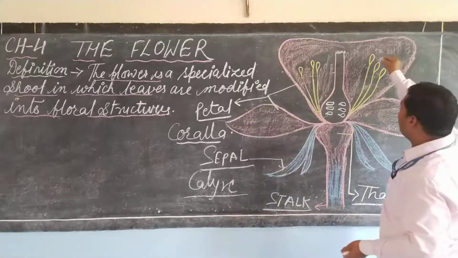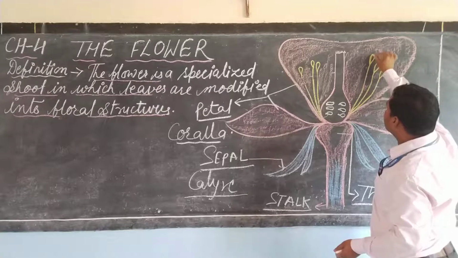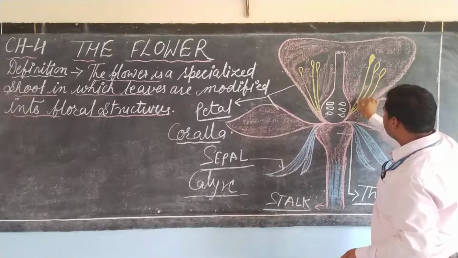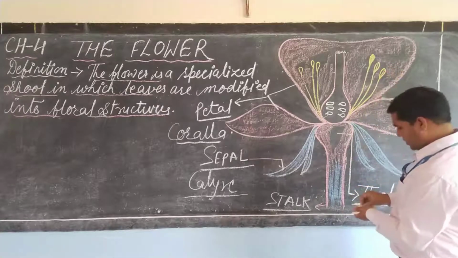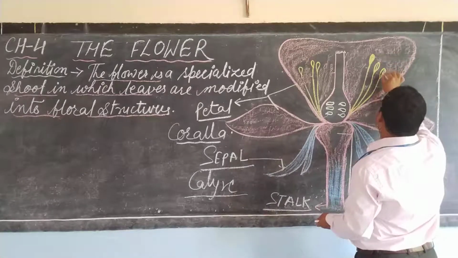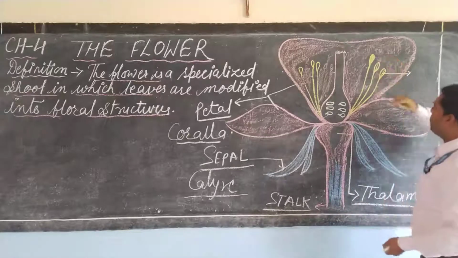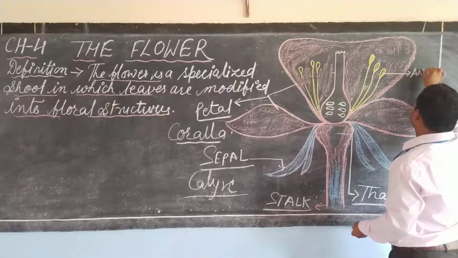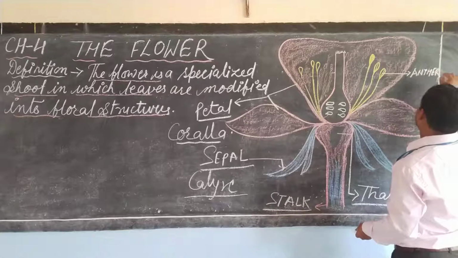Next you see here the part of the flower which is being highlighted with the yellow color. This is the male part of the flower, dear student. So this tip part of the flower, this yellow part, is known as an anther, dear student.